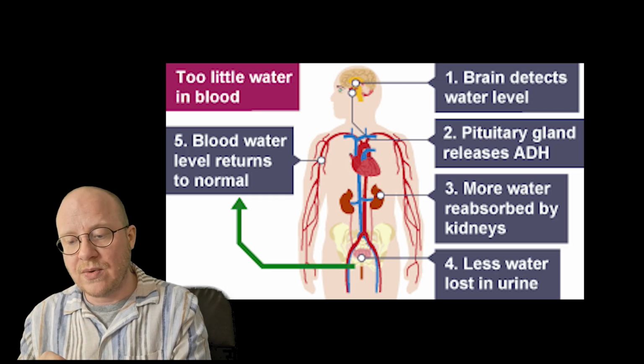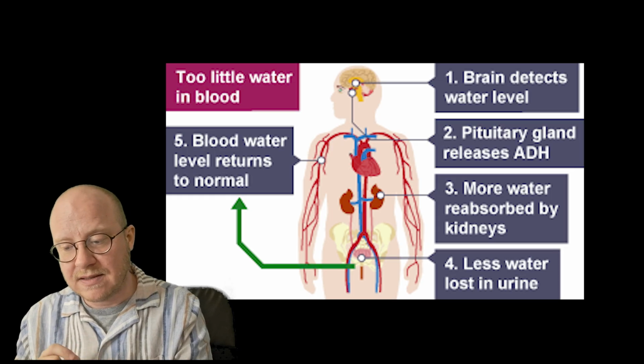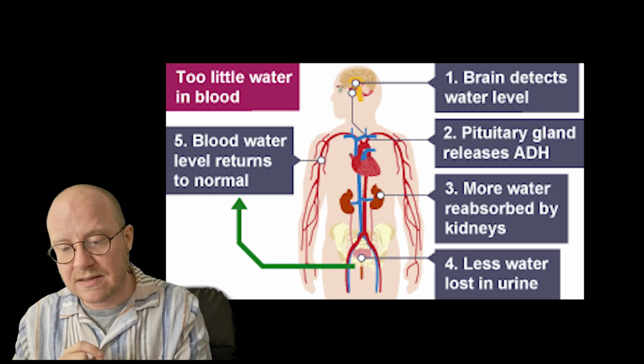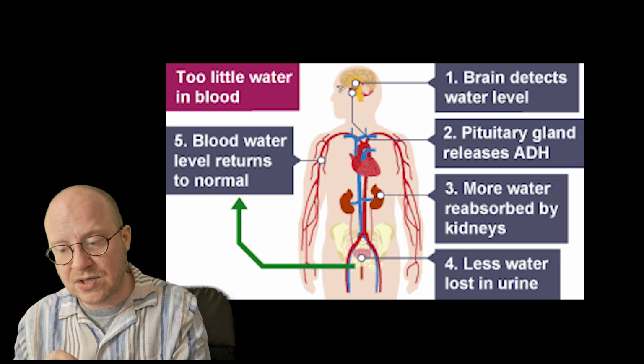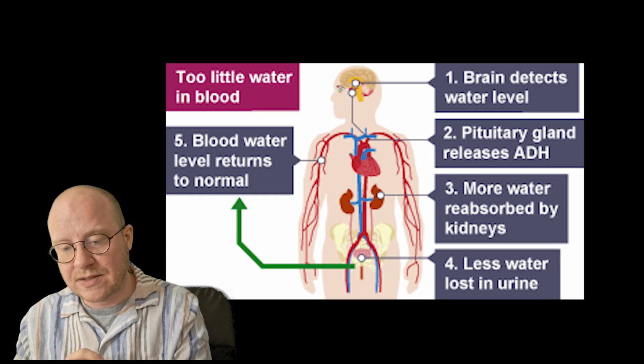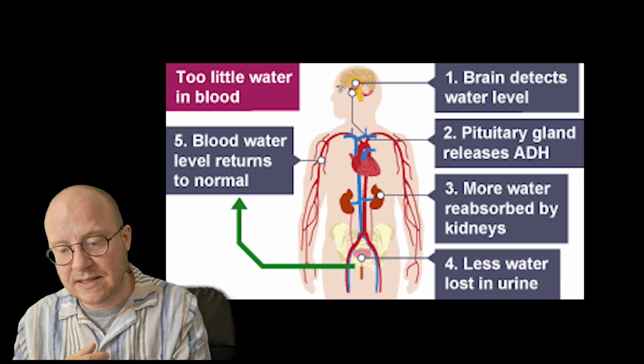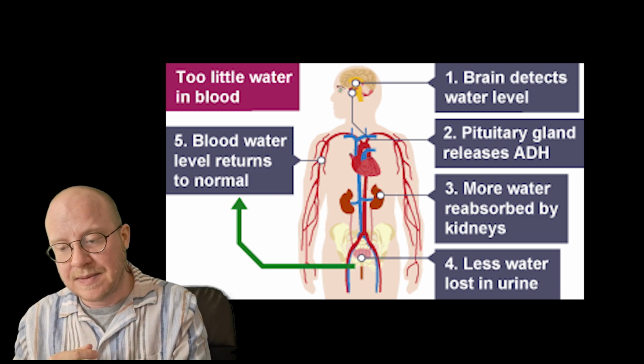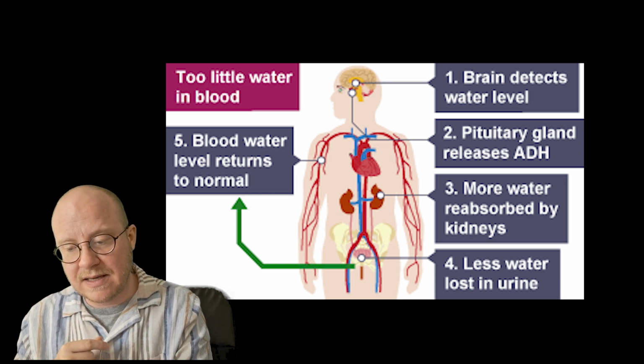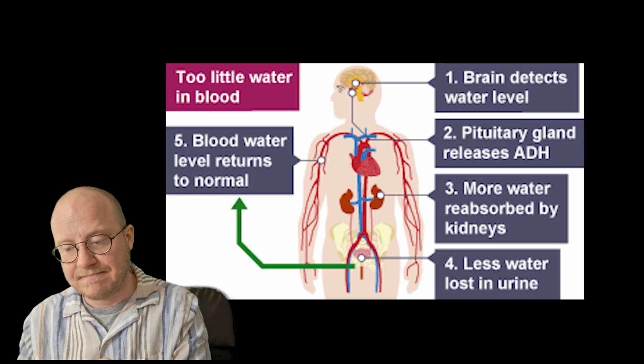Okay, so the hypothalamus produces this ADH. It's secreted by measuring the water content in the blood, and then it sends it down to the kidneys.